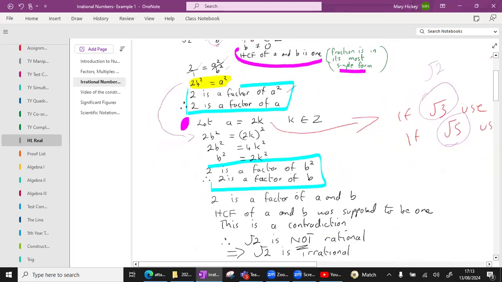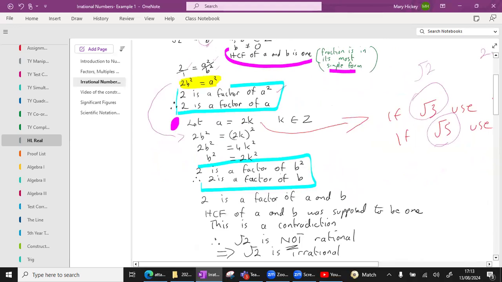Now, this is a key line: 2 is a factor of a and b. The highest common factor of a and b was supposed to be 1. That's what we said at the start. This is a contradiction because we've now discovered 2 is a factor of a and b, so it is more than 1. So we have contradicted ourselves, therefore the root of 2 is not rational, therefore it is irrational.